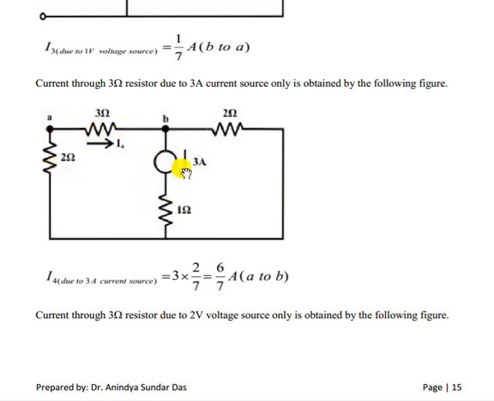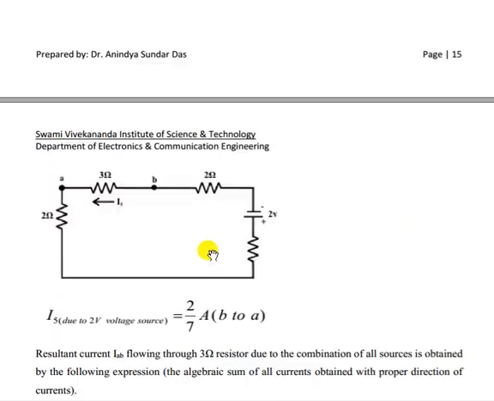The total current is 3 ampere, times the other one's resistance divided by total, 2 plus 3 plus 2, 7. Now this 1 ohm resistance is not in the picture because it is in series with the current source. And this is flowing from A to B because this current source is dividing here and in this way, and it is added up here, so it is also positive.